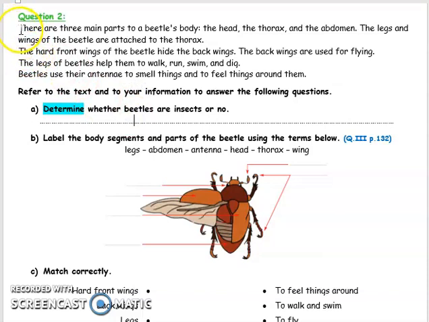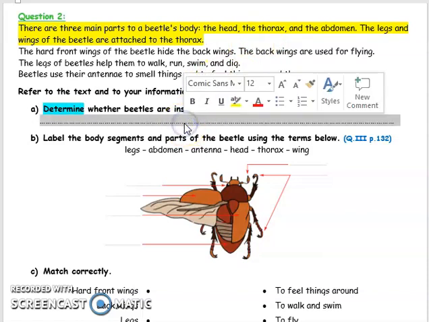Look at the first 2 sentences in the paragraph. The beetle's body is divided into 3 parts: head, thorax, and abdomen, and the legs of the beetle are attached to the thorax. So this means that yes, beetles are insects.